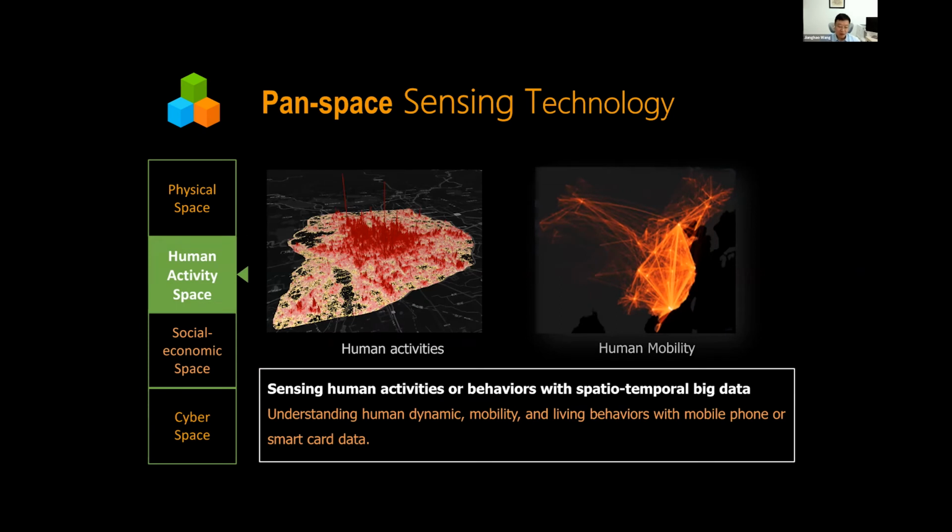Second is human activity space. It means sensing human activities or behaviors with spatial temporal big data. The goal is to understand human dynamic distributions, human mobility, or living behaviors, for example using mobile phone or smart car data.